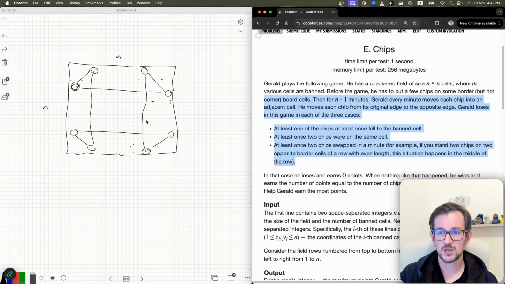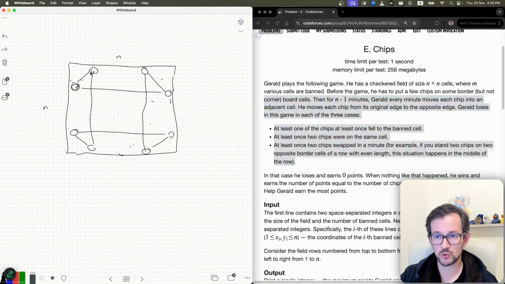So what's happening? I need to place chips in some positions, and I'm not allowed to put chips if they're connected by an edge. Here I have a cycle of size 8, so I definitely cannot put more than 4 chips. Can I put 4 chips? Yes, for example, here, here, here, and here.